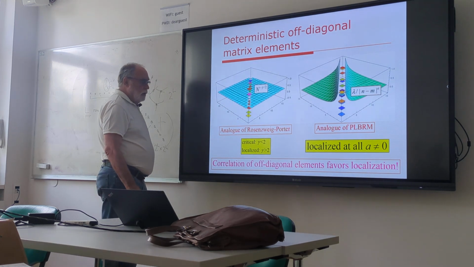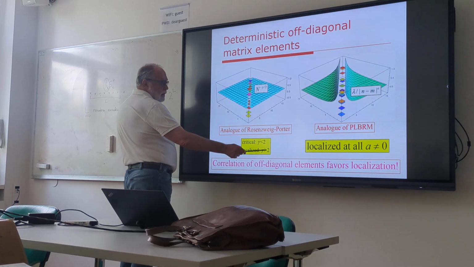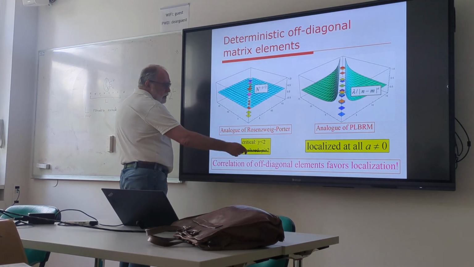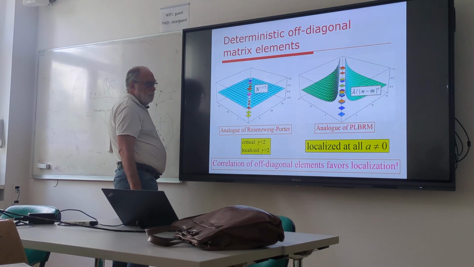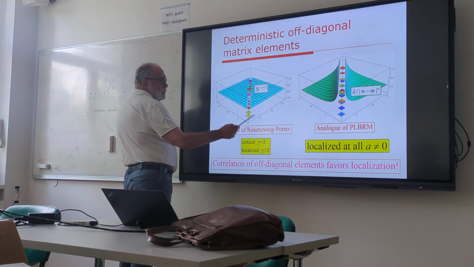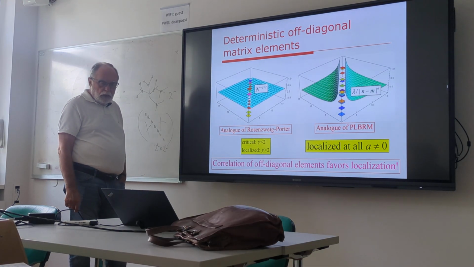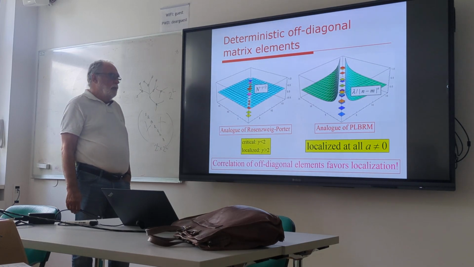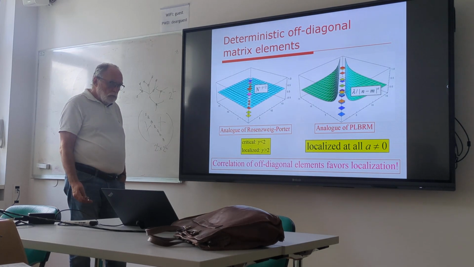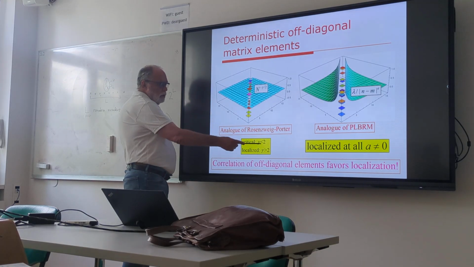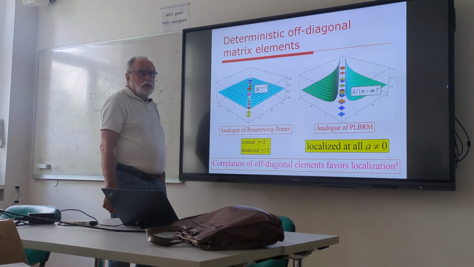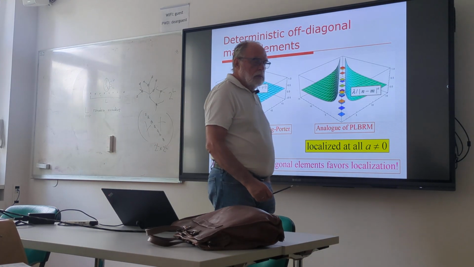Here, when gamma is greater than 1, we have a localized phase, the same thing. But when gamma is smaller than 1, we don't have a usual fractal case. We have, all the way for all gamma smaller than 1, a critical case.